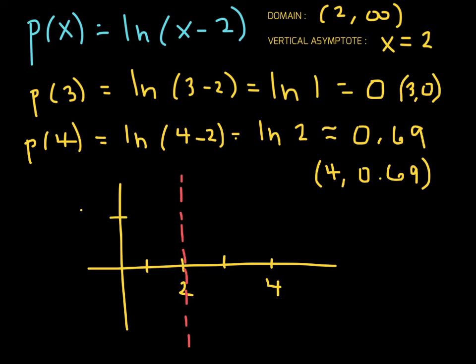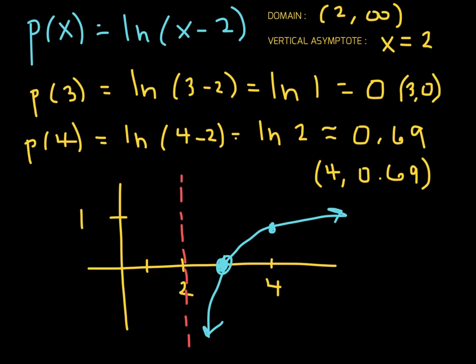Let's say that's 1. So one ordered pair is 3, comma 0. The other one is 4, comma 0.69. So I'm going to eyeball that, maybe about right there. So then the graph looks like this. Let's get infinitely close to your vertical asymptote. All right, cool deal, you guys. Let's continue.